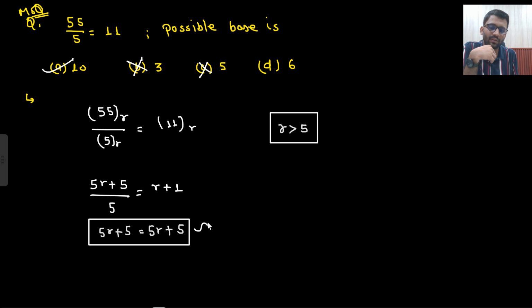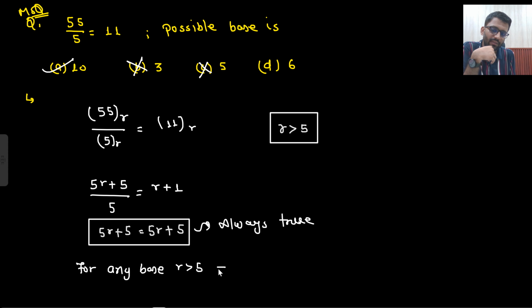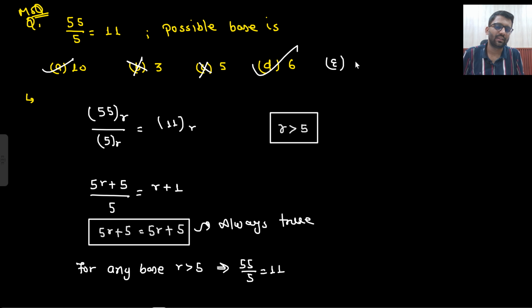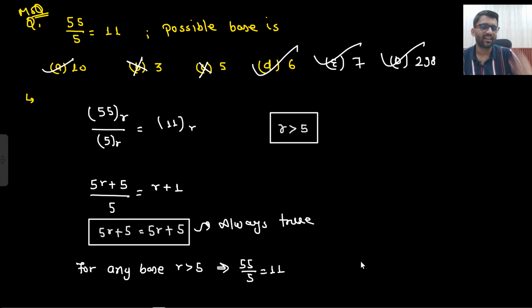So for any base r greater than 5, 55 by 5 will be 11. So this answer is also correct. If there were an option E that was 7, then this would also have been correct. If there was an option that is 298, if the base is 298, then also it would be correct. Any base could be there. For any base greater than 5, that would be correct.